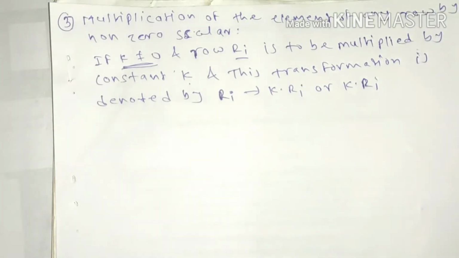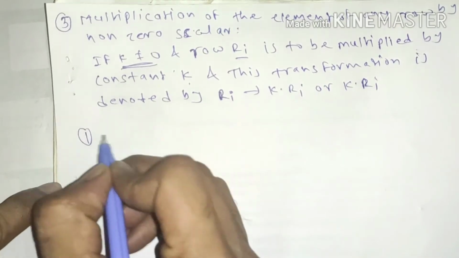So in this transformation we multiply every element of the row Ri by constant k. So let us see an example.